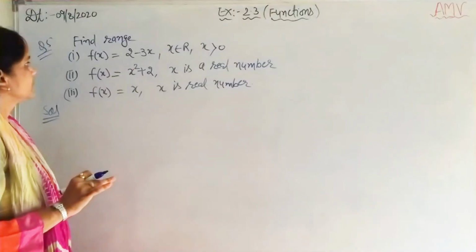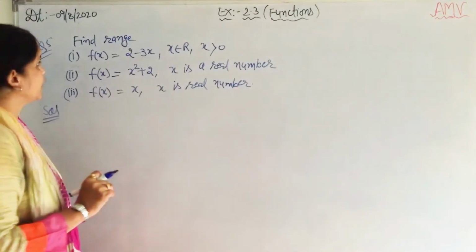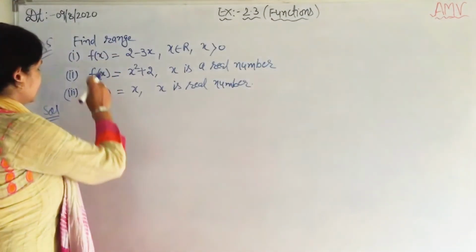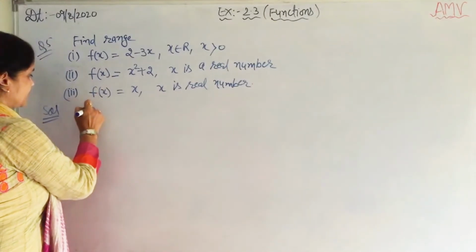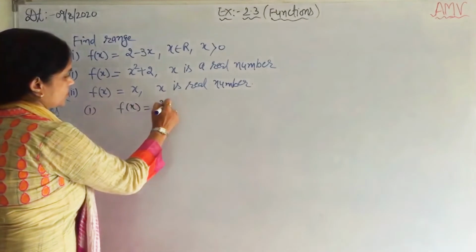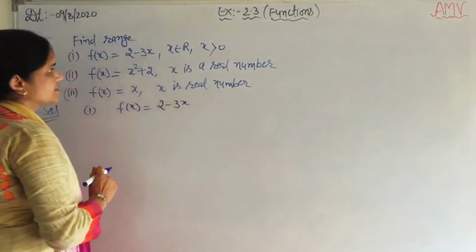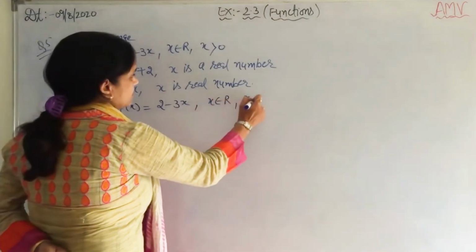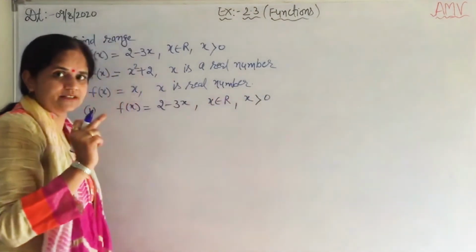Now question number 5. Find range. 3 parts are given. So for the first part, here f(x) is equal to 2 minus 3x. And it's given x belongs to R, x greater than 0.